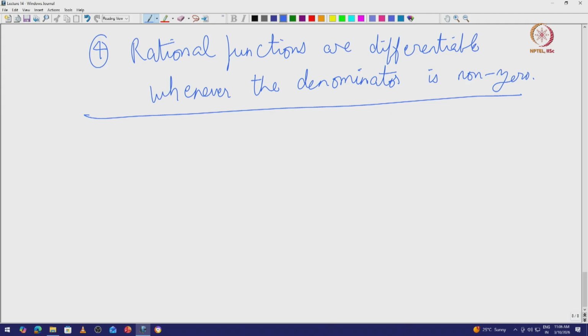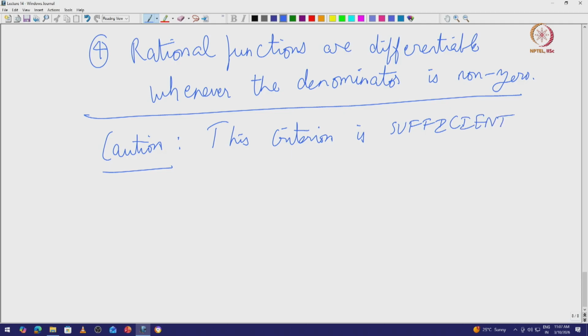Right. Just one cautionary point, caveat here, is that this criterion is sufficient but not necessary.